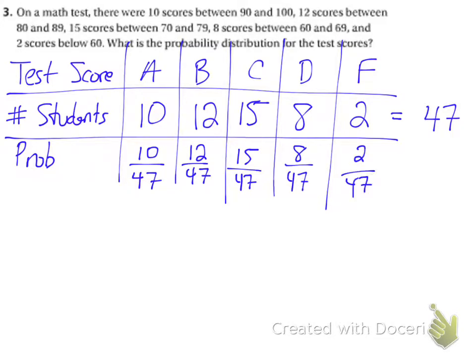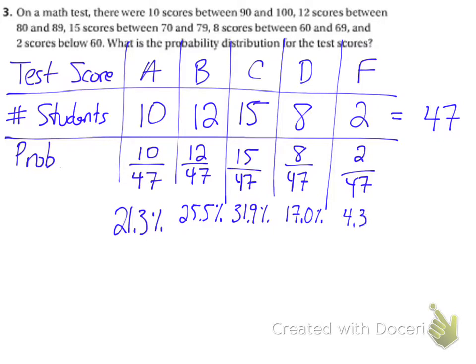I can divide those and actually get the percentage of the class that ranked as A, B, C, D, or F. And I would get 21.3%, 25.5%, 31.9%, 17.0%, and then 4.3%. There you go.